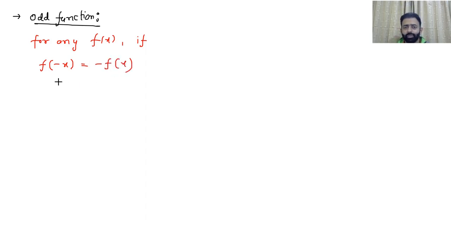If you give a negative input, you get the negative output corresponding to the positive input and positive output. So if x is the input, the output is f(x), but if minus x is the input, it reverses the output. Minus of f(x), reversing in the sense that the sign is negative.